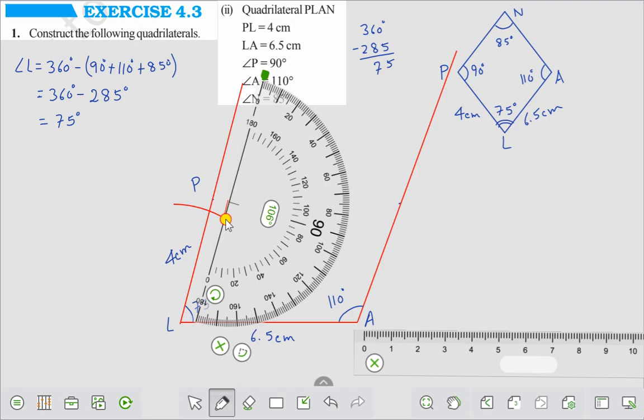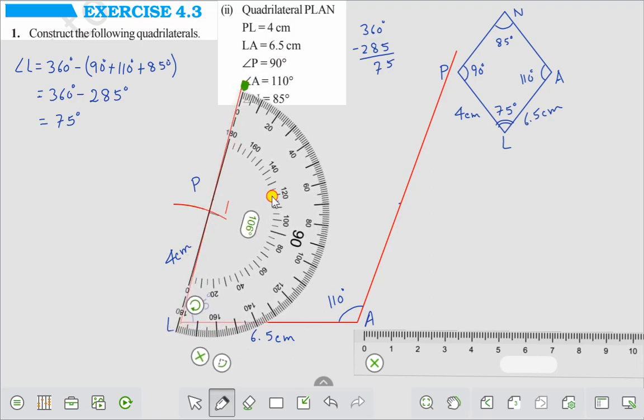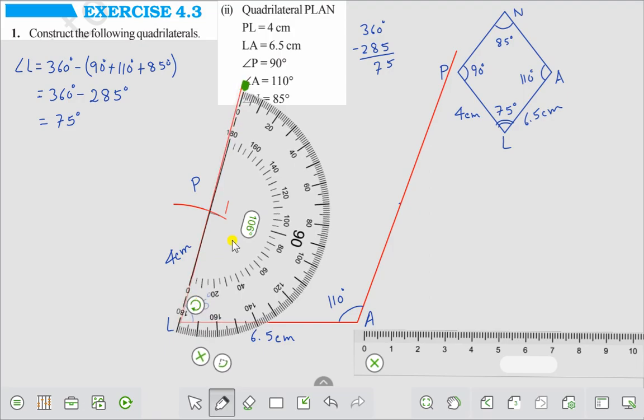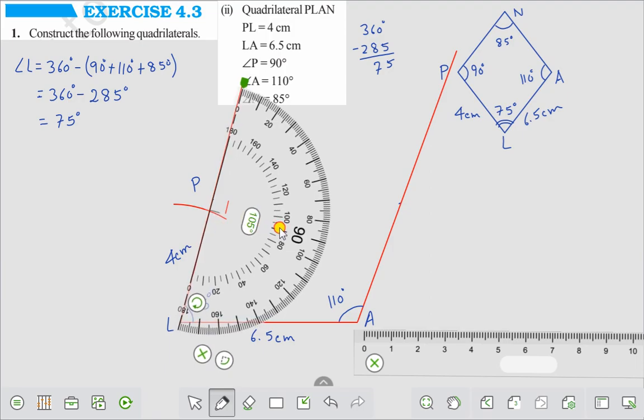Let's see, take this point. Right? Now you see, this is 90 degree.